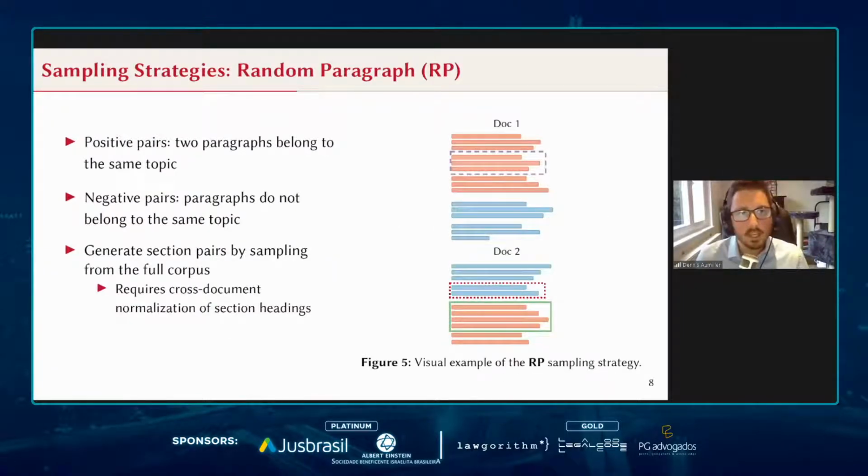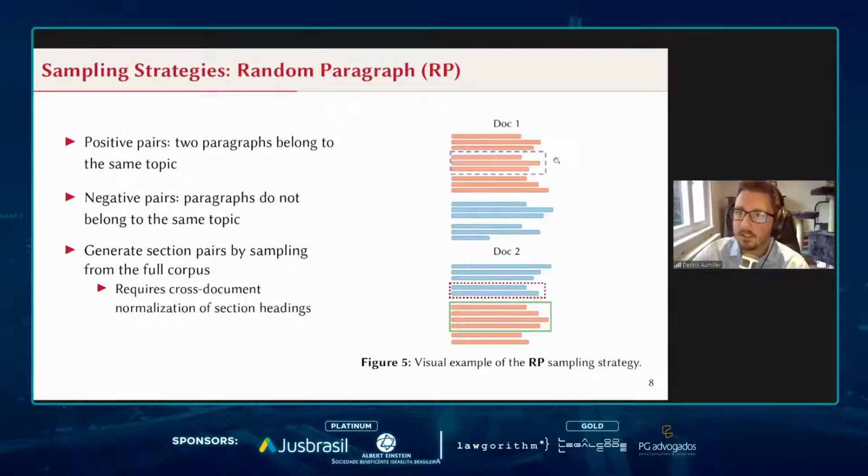Getting back to the actual sampling of our training instances, we have 2 main strategies here. The first one is called random paragraph. And what we always do is essentially we sample from a reference pair, here denoted in purple, both a positive and negative sample.